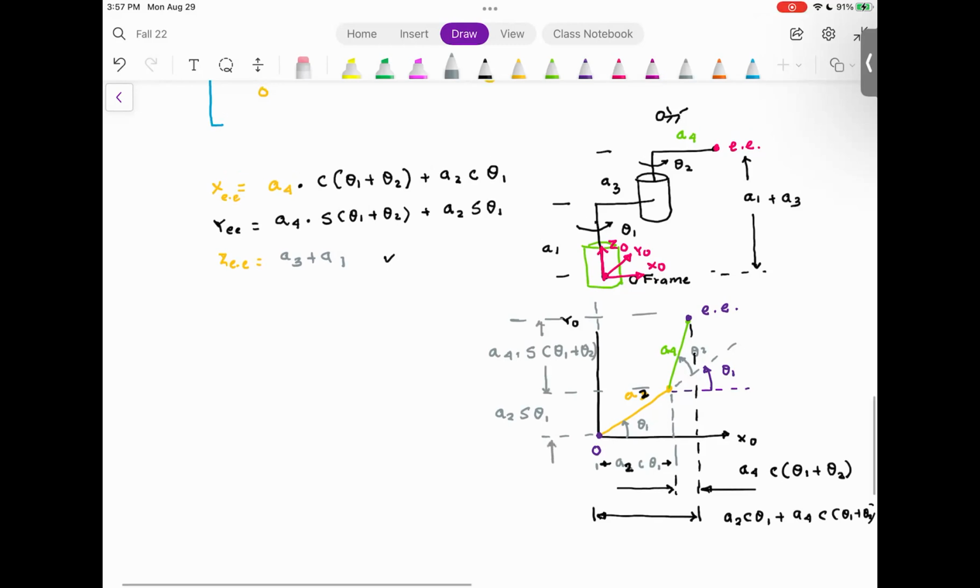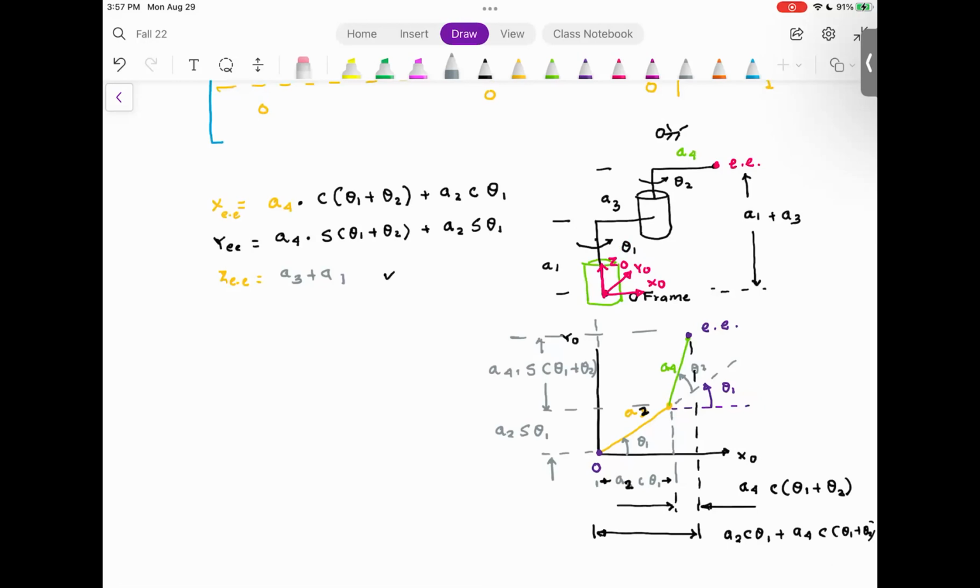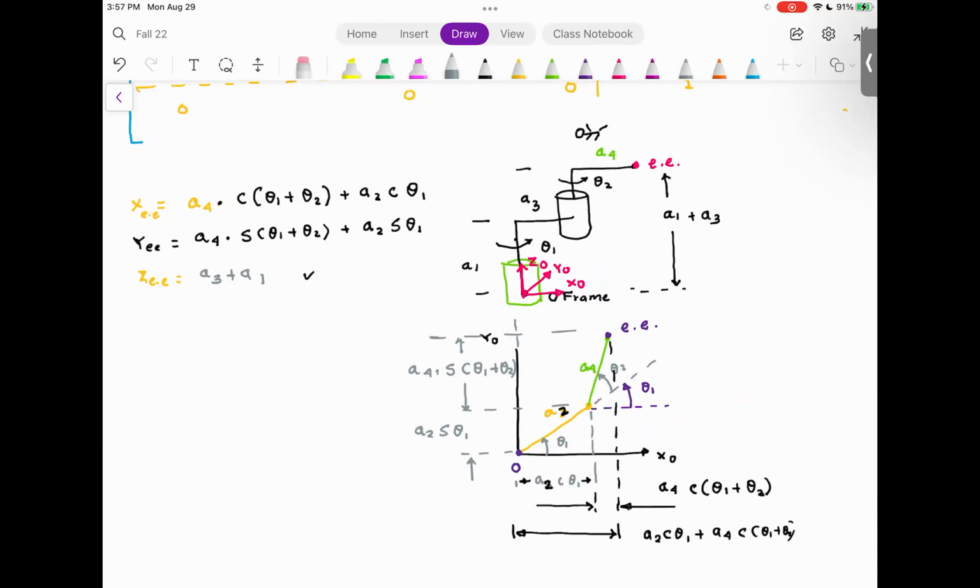And that is what is shown here. So no matter what technique you use, we have solved our first manipulator. This is called the manipulator.